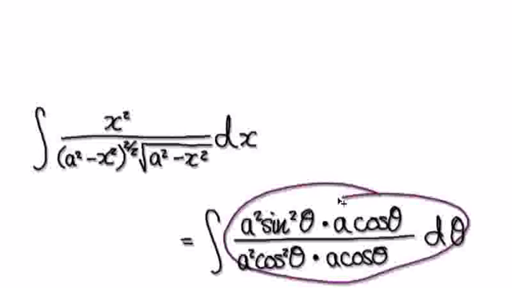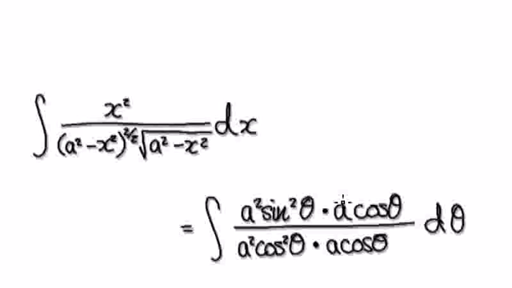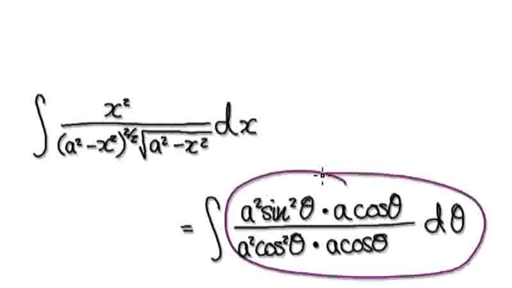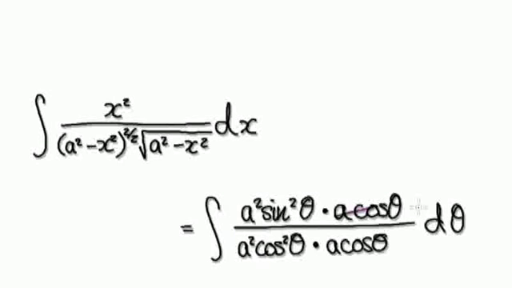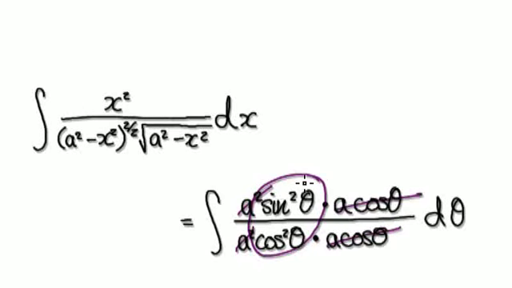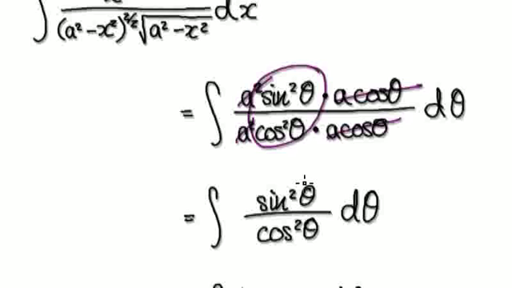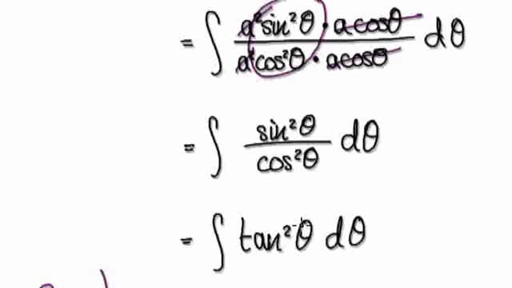So the whole thing here will then become this. Tidy this up, so this cancels out, and then you've got sine squared over cos squared, which is in effect tan squared. So now it's just a matter of integrating tan squared.